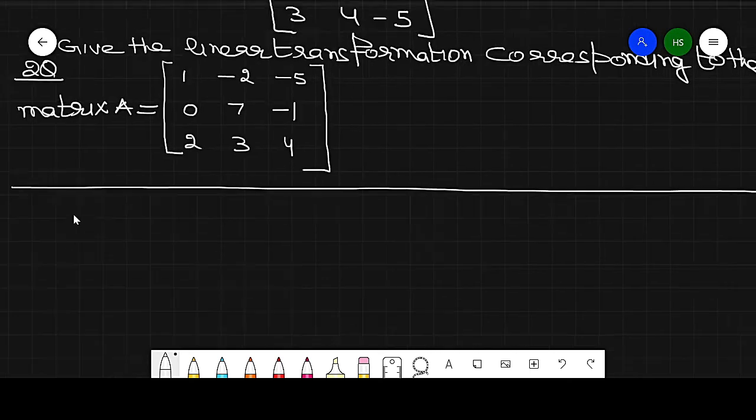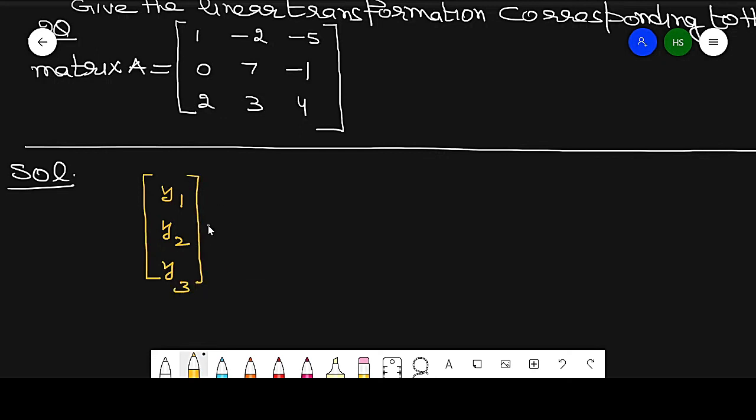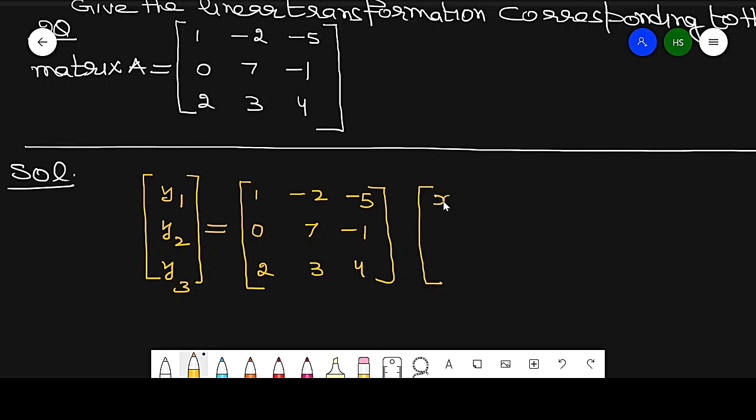Now this can be written as solution. So for the given matrix the required transformation is y1, y2, y3 equal to the matrix 1, minus 2, minus 5, 0, 7, minus 1, 2, 3, 4, times x1, x2, x3.